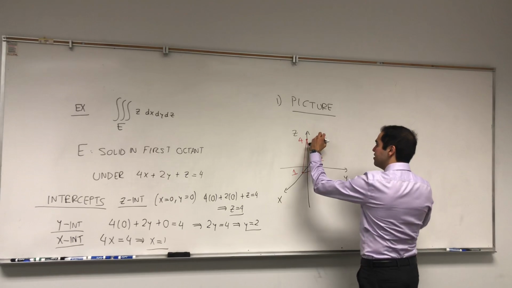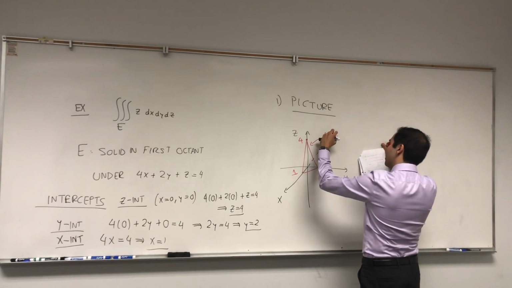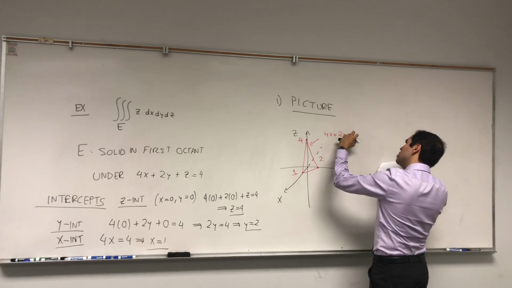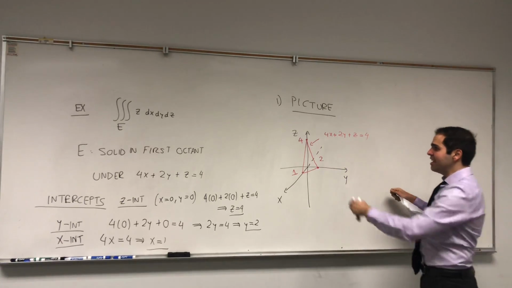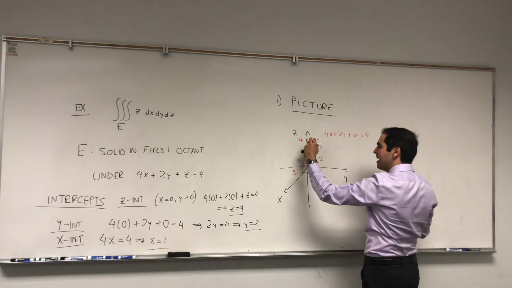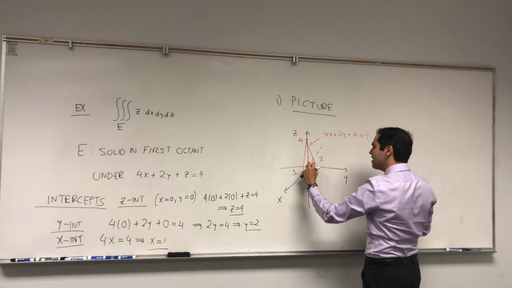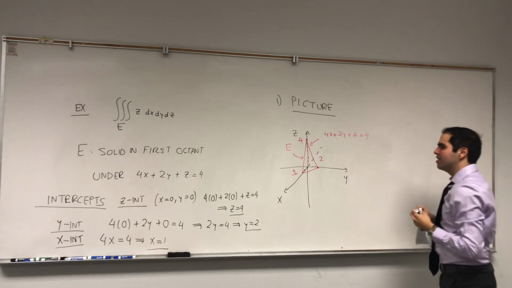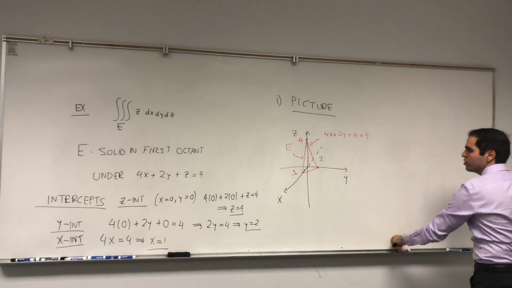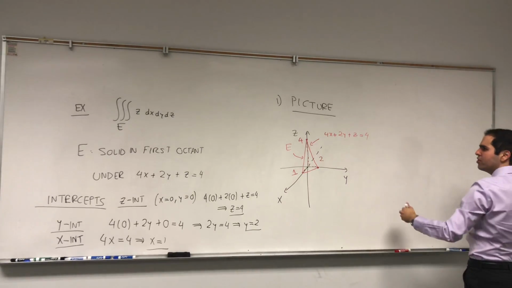So what this is, again, that's 4x plus 2y plus z equals 4. Well, E is everything below this plane. So in fact, all it is is just a tetrahedron. So E is just a tetrahedron under this plane.